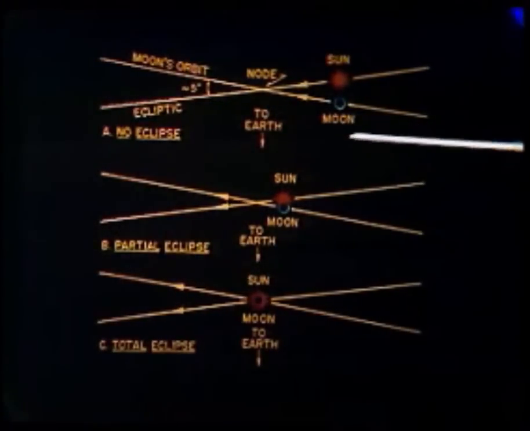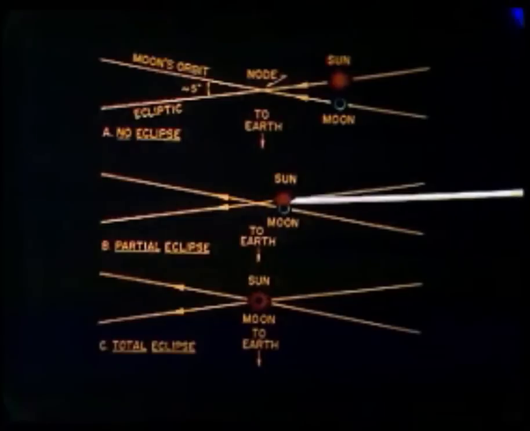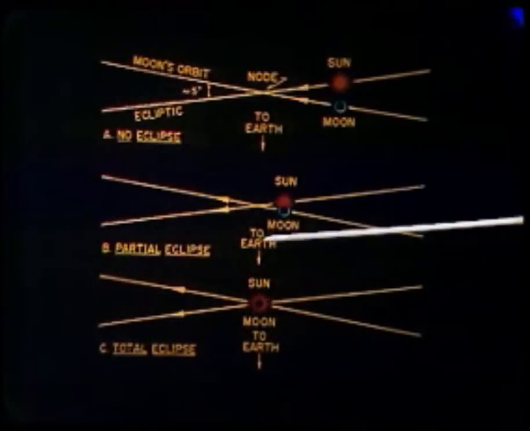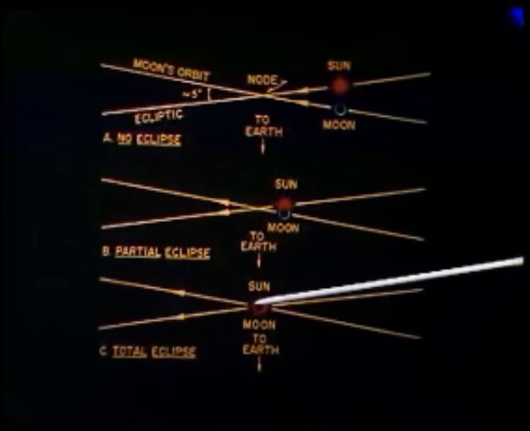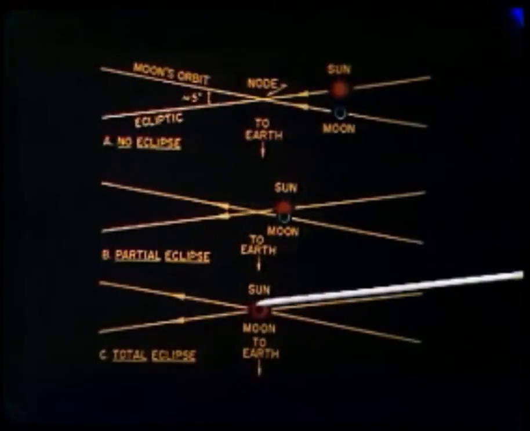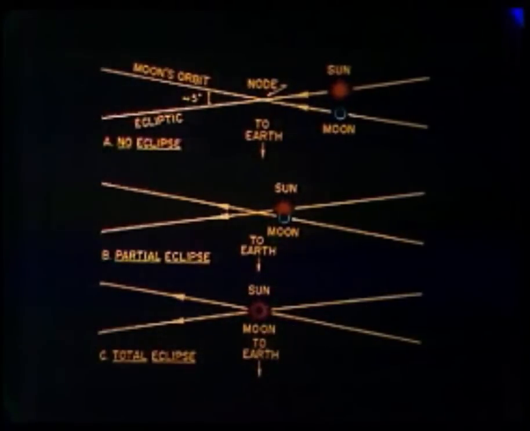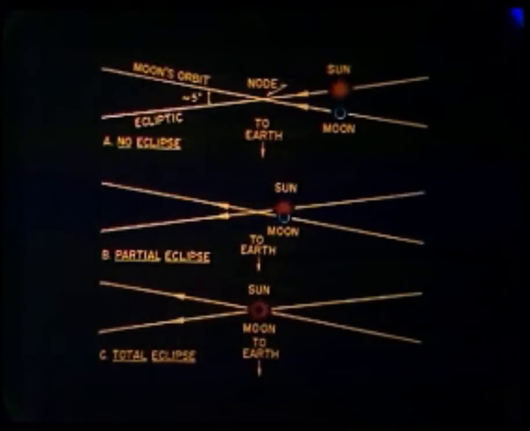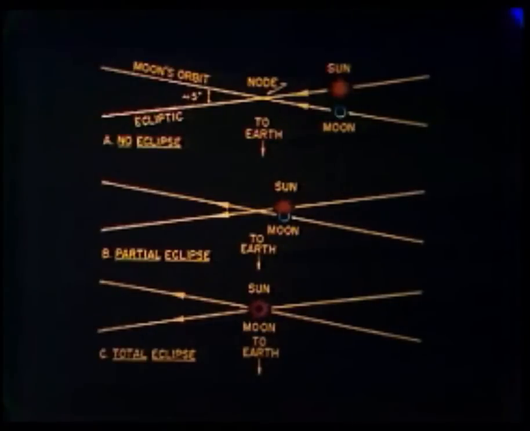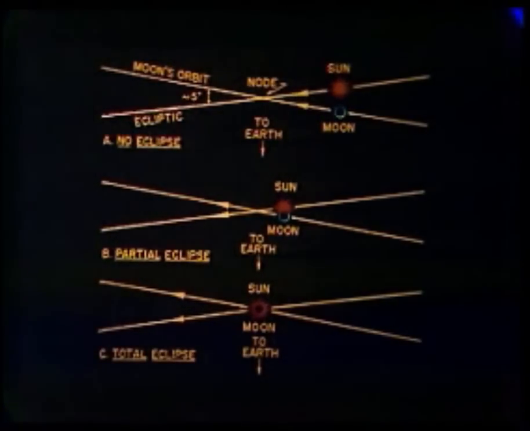This picture shows the position of these two bodies a little bit later. The moon and the sun come more closely together, and here they meet exactly at the node, and the moon is therefore in front of the sun for a particular point on the Earth. You have, however, to consider that the moon will be seen in different directions in the sky depending on where your vantage point is.